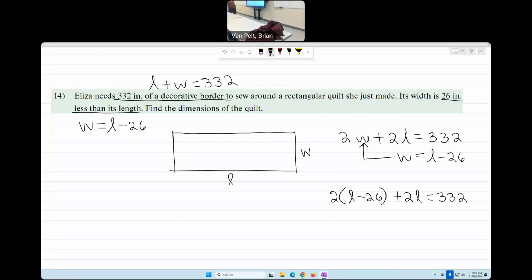Notice once we find L, W will be immediate. So I'll distribute this through. We have 2L minus 52 plus 2L equals 332. Combine the two L's, so I get 4L minus 52.